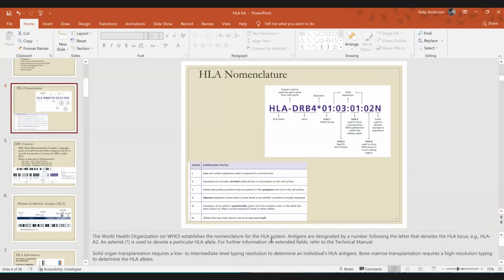The NMDP website has really great resources on haplotype frequencies. Let me find that.